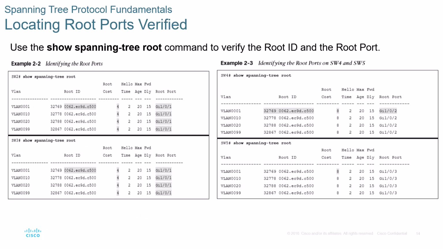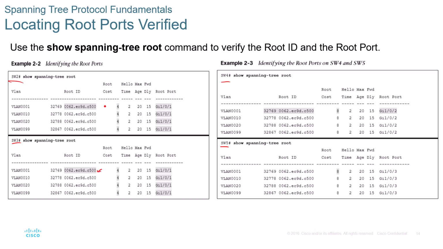So let's hop in, and if we do a show spanning-tree root on each of our switches, here we have switch 5, 4, 2, and 3, we don't have switch 1, we can start to identify the root ID.